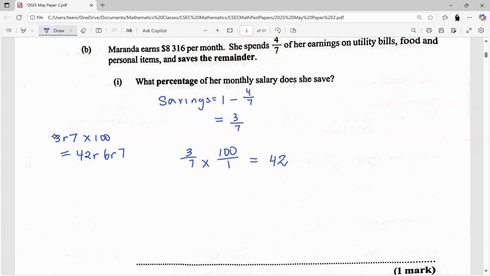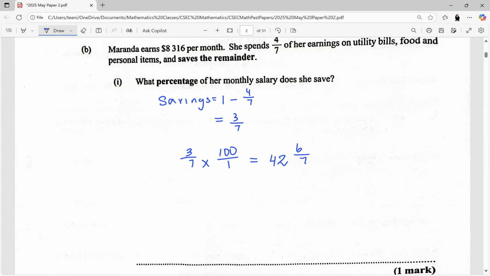Is this what showed up when you pressed equal after typing this in? No, it just gave me... on my calculator I could put the fractions. Okay, well, try again. Try 3 sevenths times 100 and see what your answer is. And if the answer appears as a decimal, just press the fraction key again and it will show you it as a fraction. Oh, okay. Yeah, try that and tell me. And it should be 42 and 6 over 7.